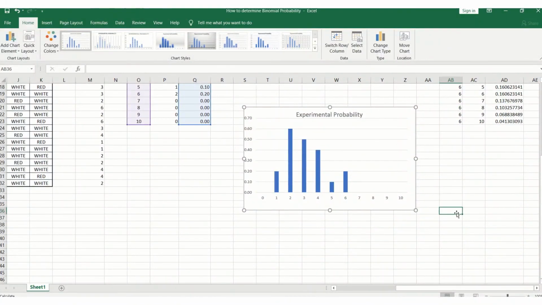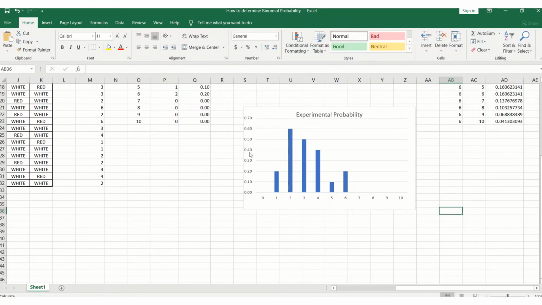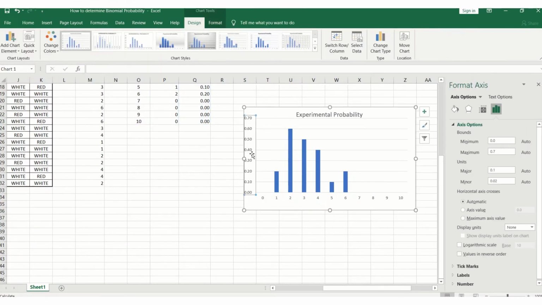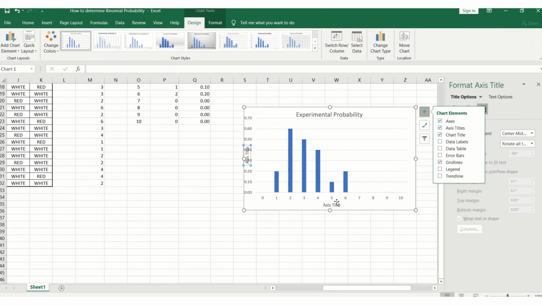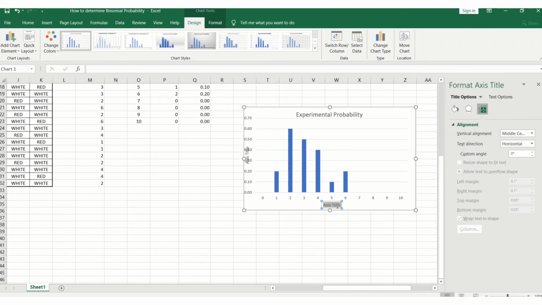This is the experimental probability. Here I can add the axis titles. This is X, that is the defects that have been shown.